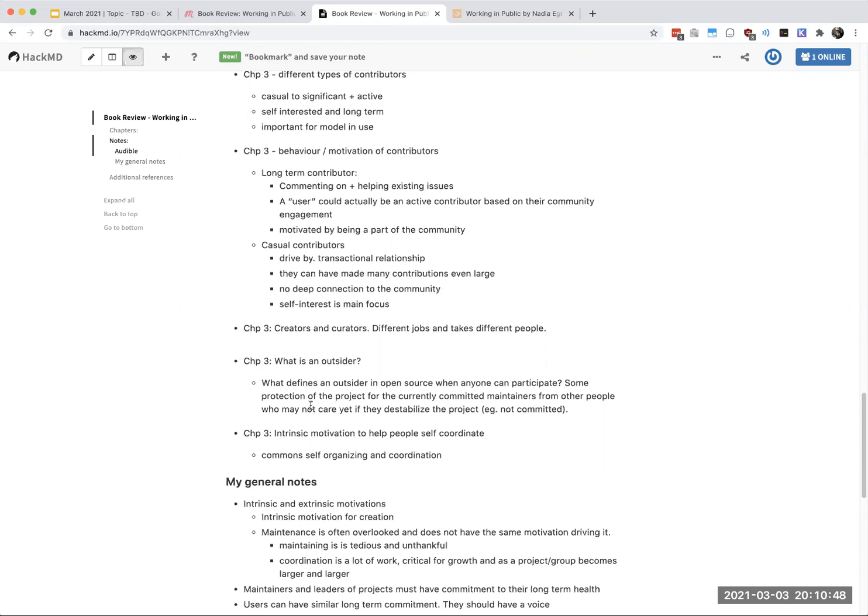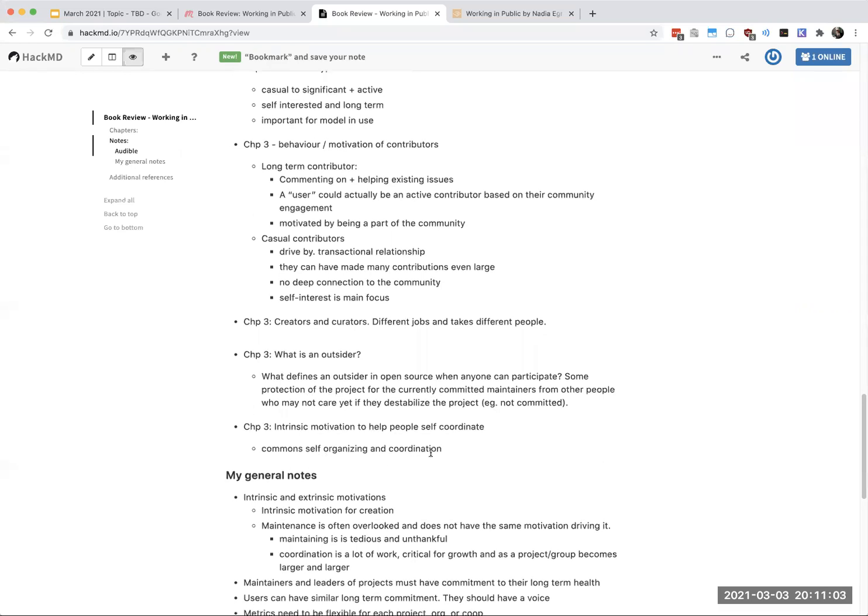The users themselves need to have some type of say or communication and feedback if we're saying open source, and how it's affecting them. And this, I guess this last part here, at least in these notes, this is my Audible notes versus Kindle, on how do you allow self-coordination.